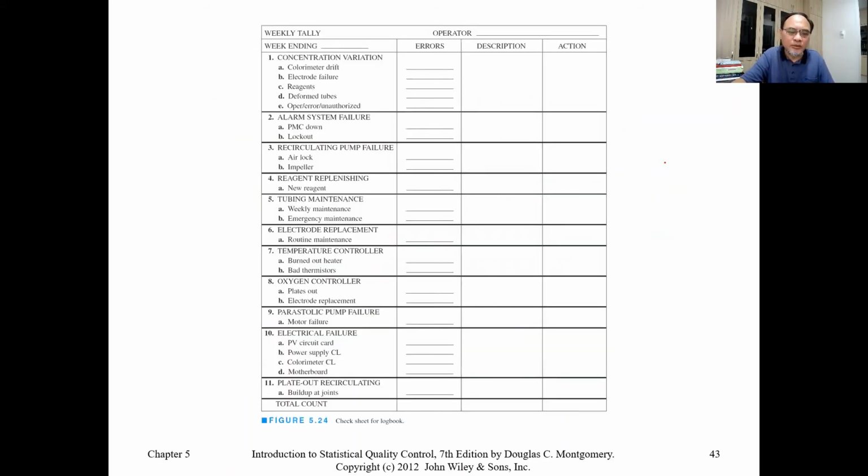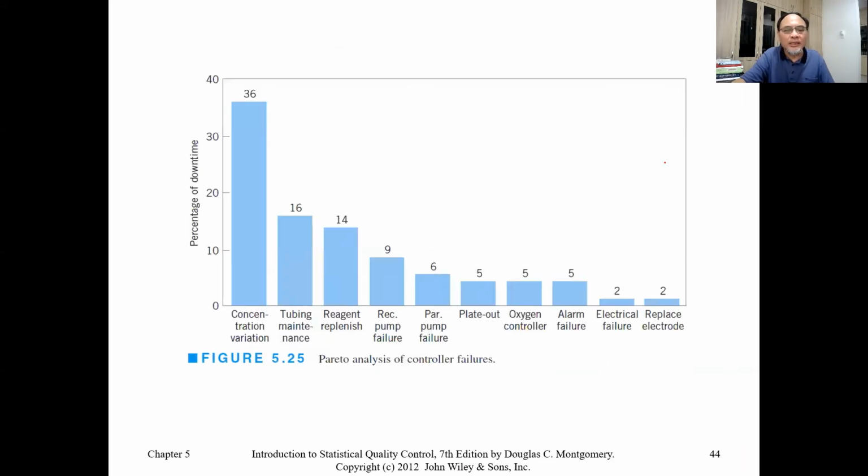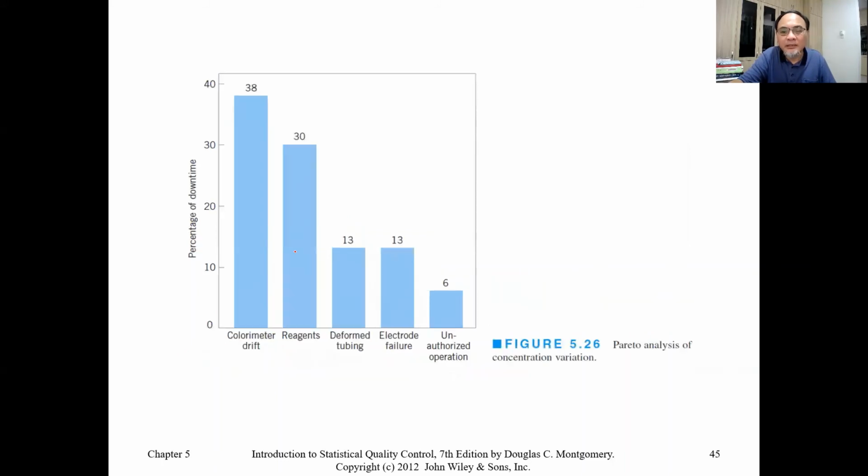And they started to collect some data. This is actually from the logbook, and they did the Pareto analysis for the controller failures. So the concentration variation was the highest, followed second by the tubing maintenance. So you can immediately focus your improvement activities on the highest ranking category.